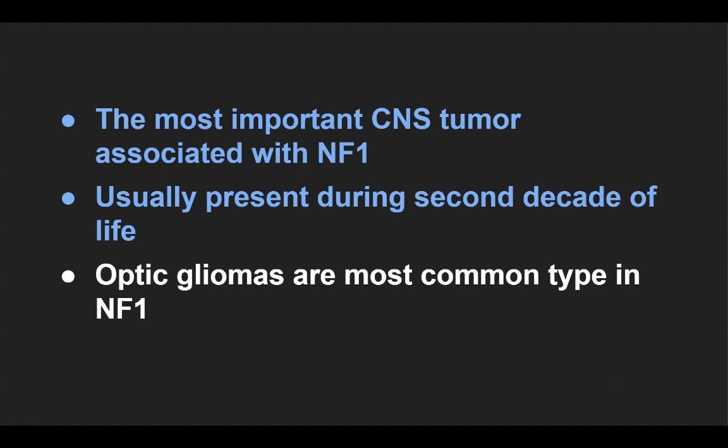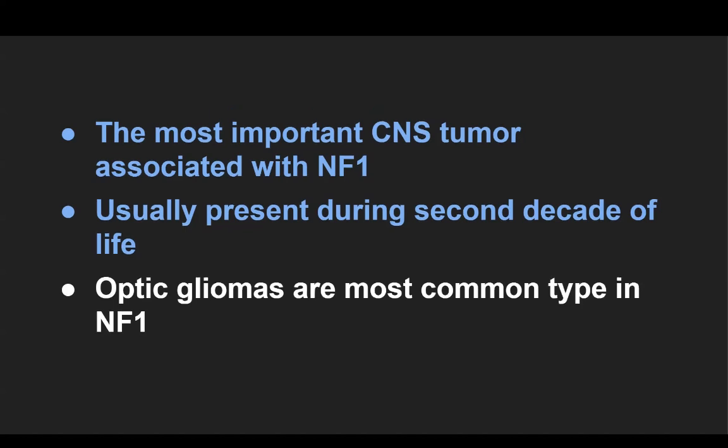And the image that you saw of the supratentorial PCA was from the adult age group. So why are they so important? If a child is presenting with the stereotypical image of an optic pathway glioma or a cerebellar pilocytic astrocytoma, a very good thing to keep in mind is to assess them for NF1.